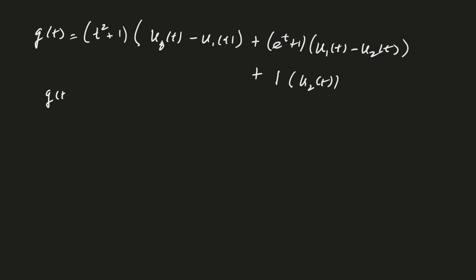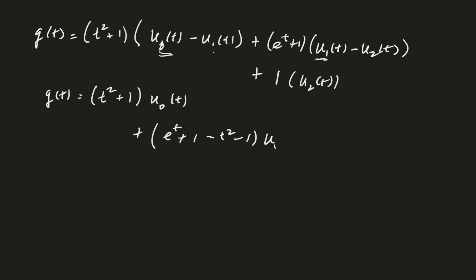So I would go ahead and put these in the order of the Heaviside functions themselves. So I'd have a function here for u sub 0 of t. By the way, u sub 0 of t is actually just 1 for us. And then for u sub 1 of t, we have e to the t plus 1, and then minus t squared plus 1, times u sub 1 of t.